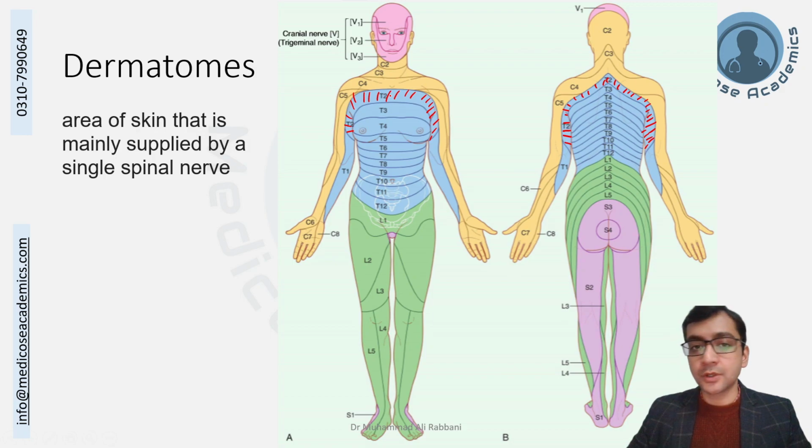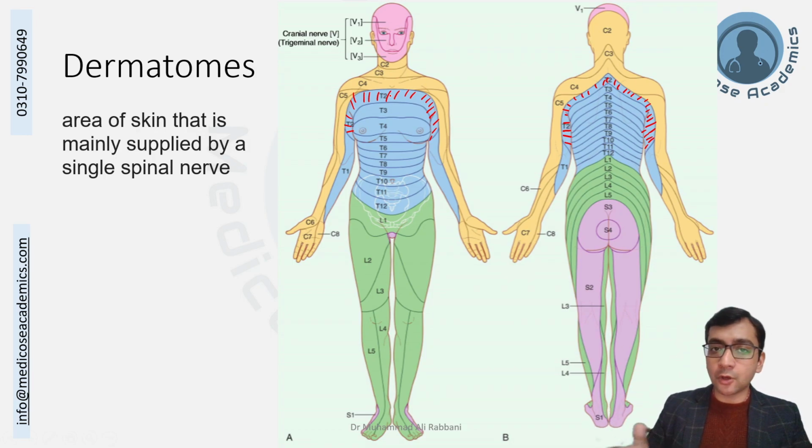So it helps to give a very good idea of the different injuries, and even in the normal functions, it very much helps us to understand the referred pain. For example, the heart is receiving signals from T1 to T4 nerves.